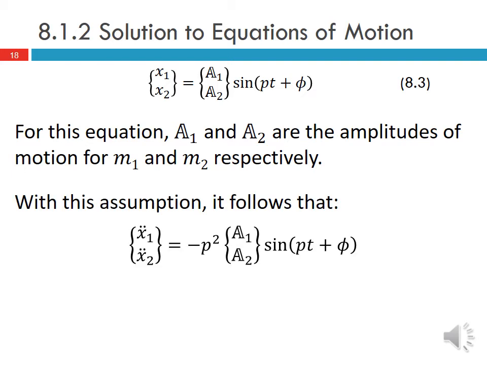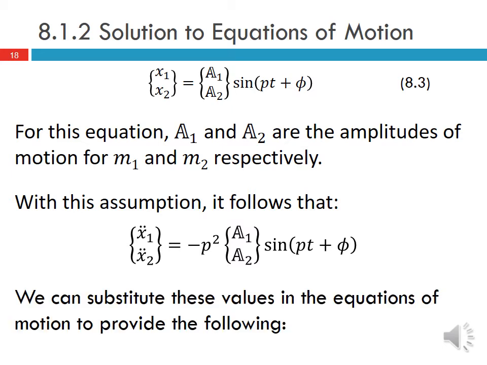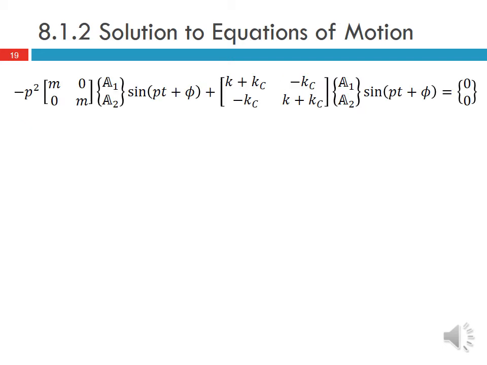So with this assumption, it follows that we can calculate the acceleration by taking the derivative of this expression twice. And then we can substitute these values into the equations of motion. So what we get is this here. So this was m x double dot plus k x is equal to 0.